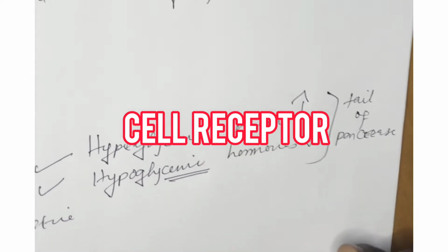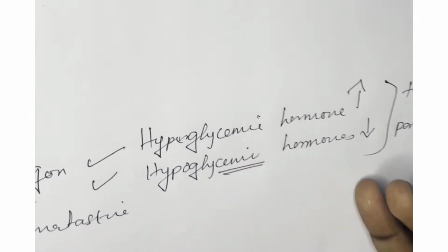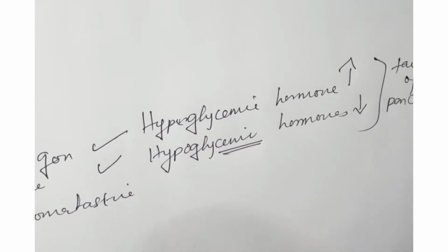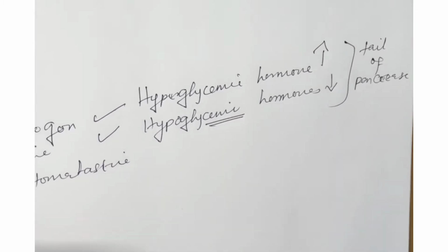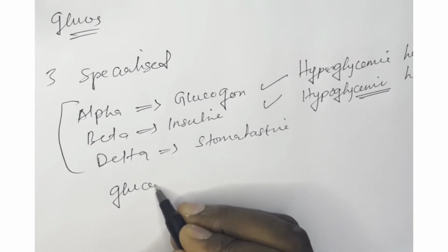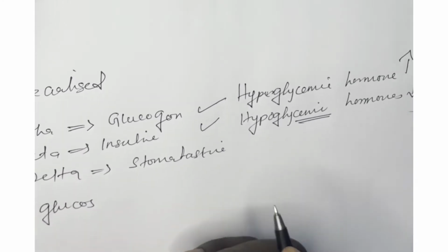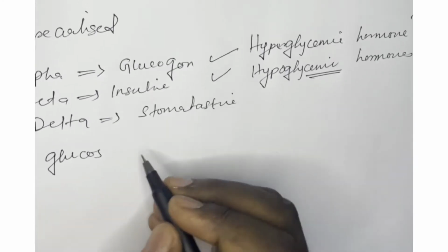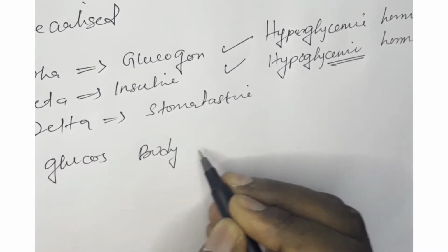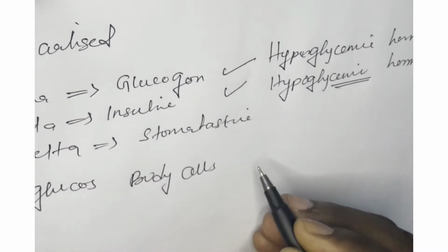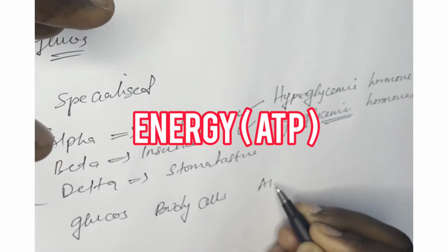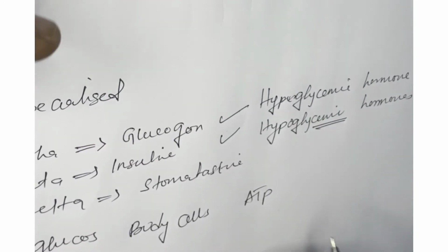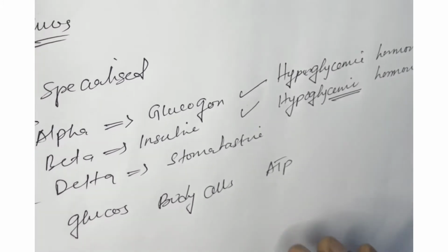When it binds to cell receptors, it serves as a key that enables the cell to open. When it opens, glucose intake occurs. The body cells then utilize the glucose and take advantage of it to produce energy in the form of ATP.